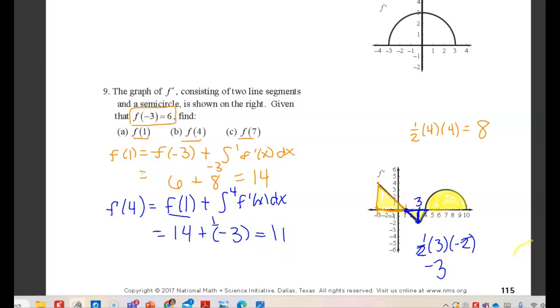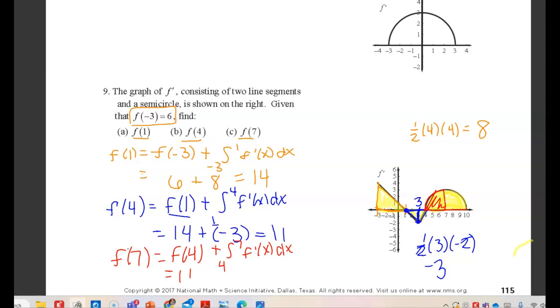And then 7. I'm going to start at f of 4 again, which is 11. And now I'm going to integrate from 4 to 7, which is a quarter of a semicircle.